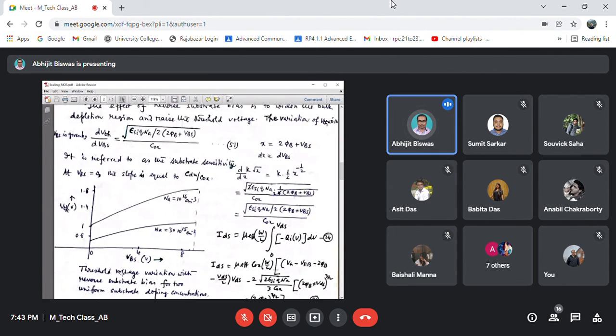And if we plot the variation of threshold voltage with reverse substrate bias, you will find there is a rise in the threshold voltage, and this rise becomes more pronounced when the substrate doping is high, because when Na changes from 3 into 10 to the power 15 to 10 to the power 16, the rate of rise is much more. So it is an important feature, you must note it. The variation of threshold voltage with bias condition, reverse bias condition particularly.